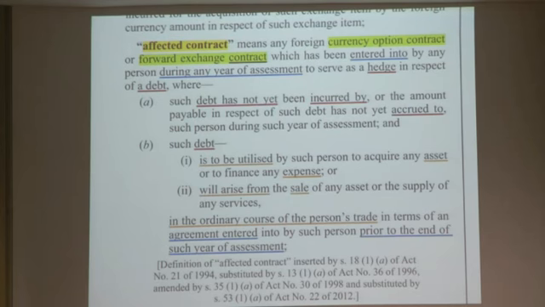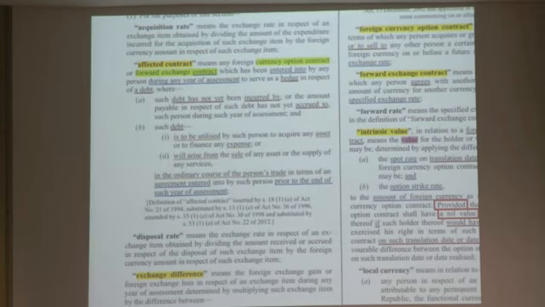So at this point, we were maybe sending emails, and I committed, I want to buy this from you. From my side, I have an agreement, and I know I'm going to buy it. I hedge it, but I just don't have that final transaction date yet. Is that clear? So it is only at year end that you measure whether it's an affected contract or not. I'll show you with examples what the consequence of that will be.